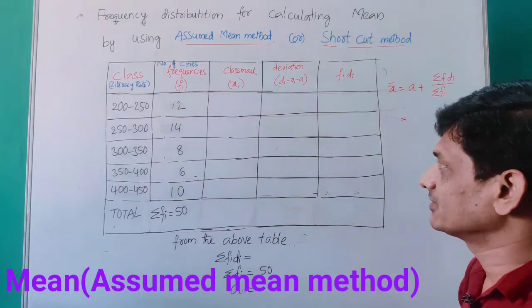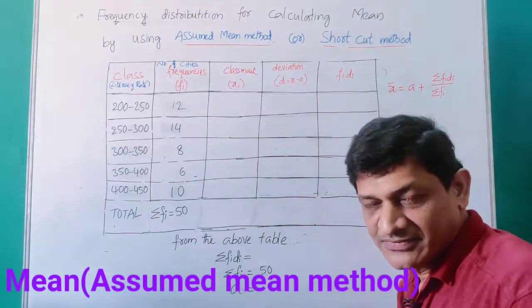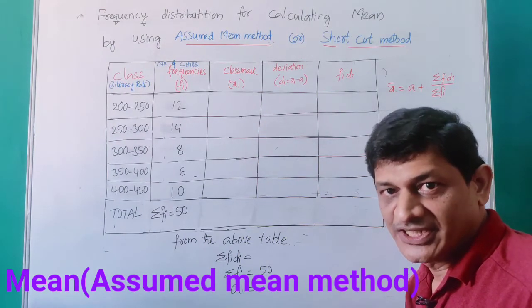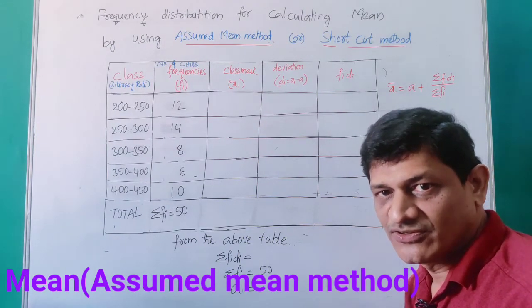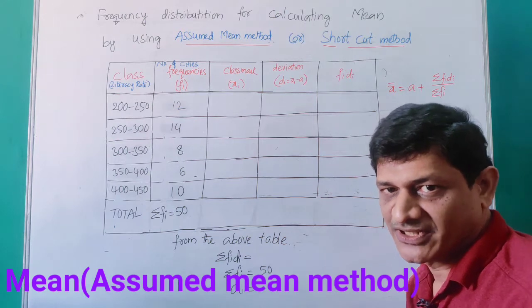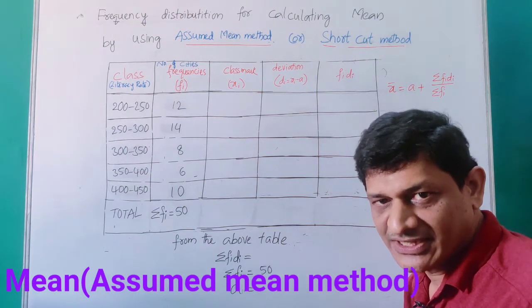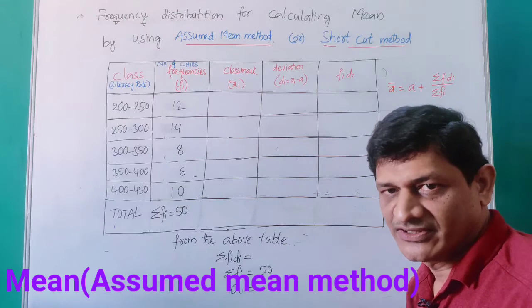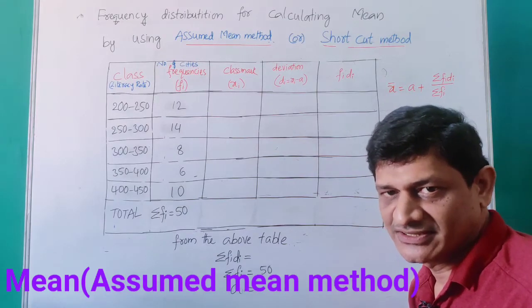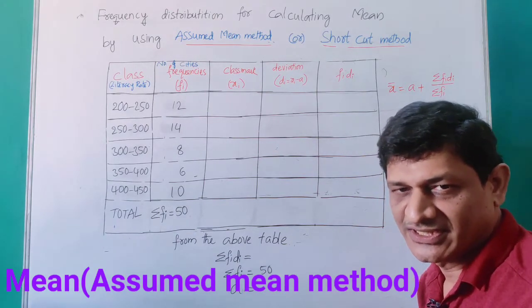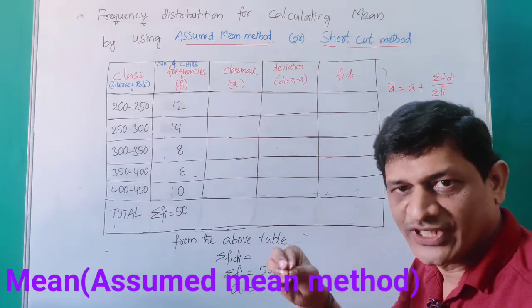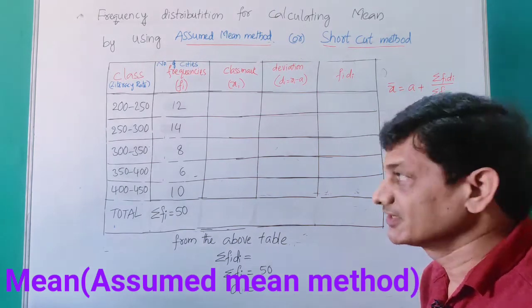Now coming to the third column, the class mark column. In our previous class I explained how to create a class mark column. To get the class mark or mid value of a particular class, once again the same procedure: take the average of the lower and upper limits of that class.